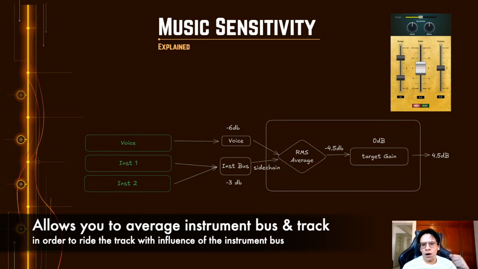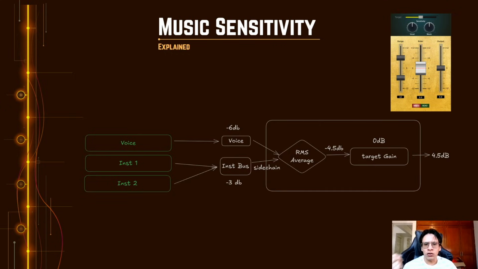So for example, if you have your vocals at minus 6 and your instruments at minus 3, music sensitivity will give you back minus 4.5 decibels. So a little bit higher than your target, but a little bit lower than your instrument boss. So what you are doing is letting your music influence your vocals, so your vocals don't get lost in your mix, okay?